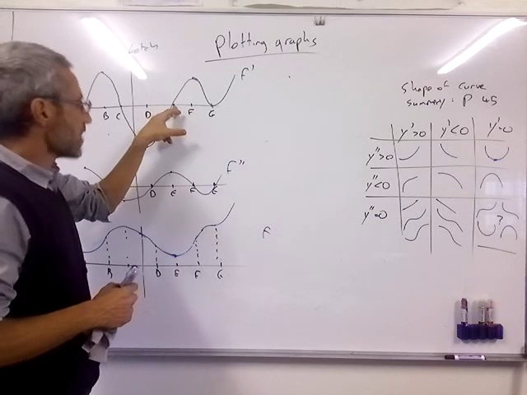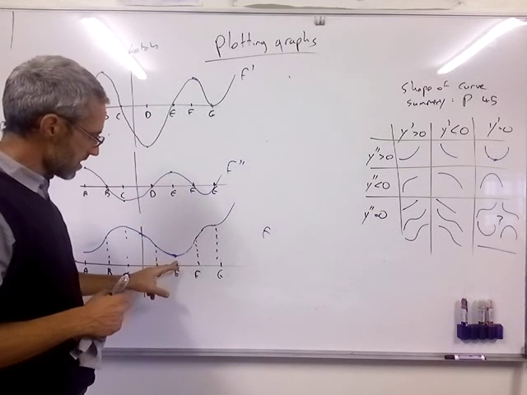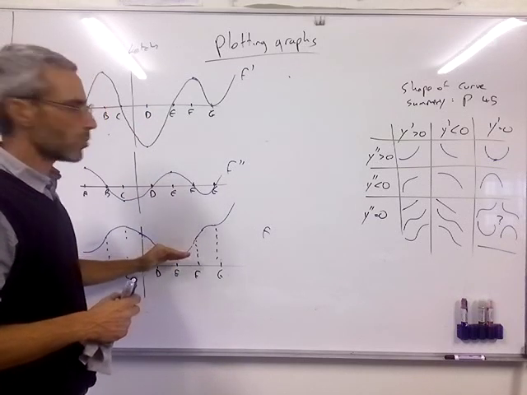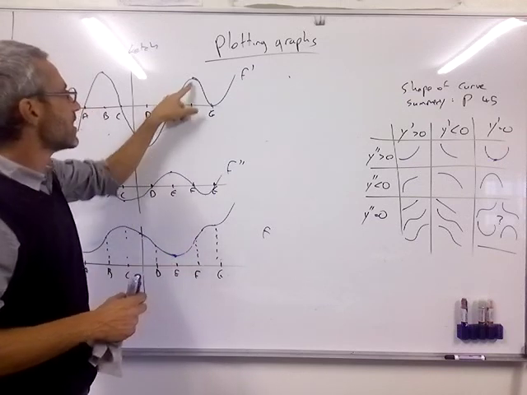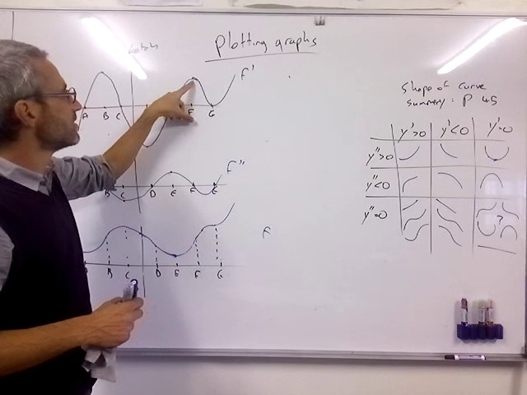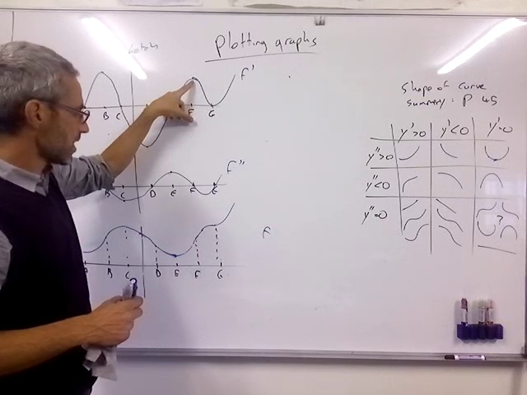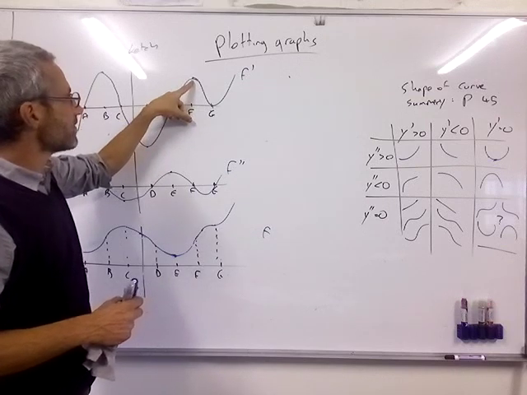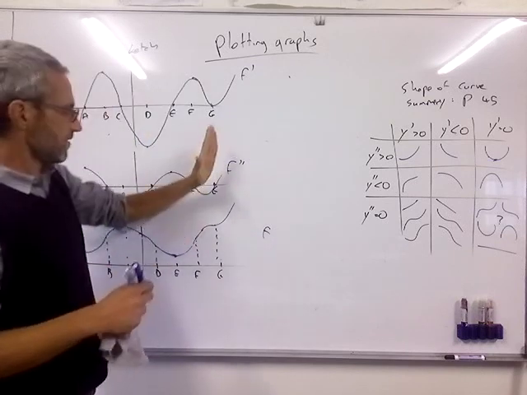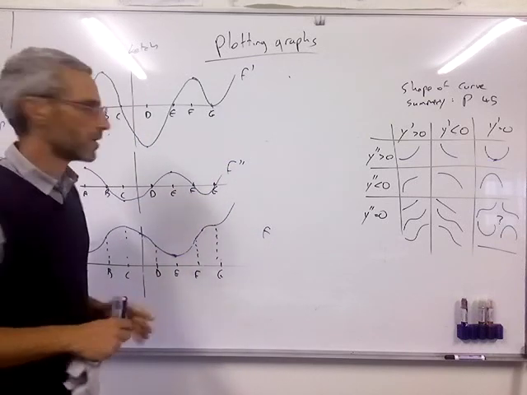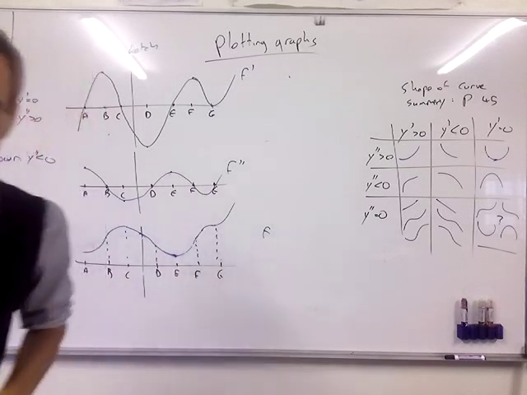That means in the function, in E, we have a stationary point, because when the first derivative is 0, we have a stationary point. Here, the first derivative is a positive number, which means the function is growing. I'll pause here and we'll move on to the next question.